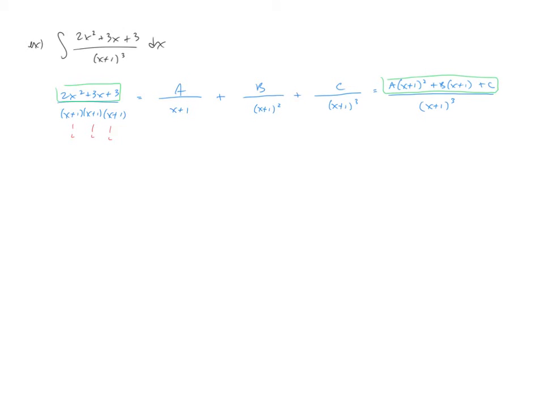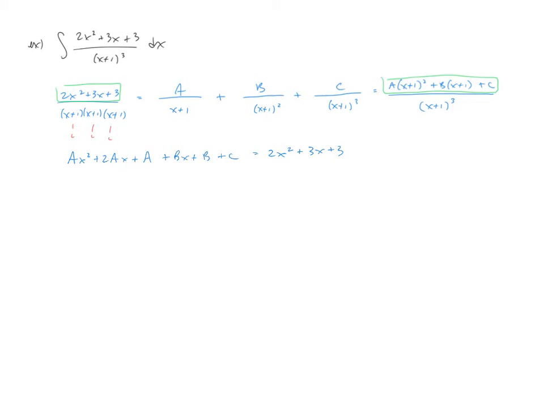While I do this, much like the last one, I'm going to expand out this mess. That gives me Ax squared plus 2Ax plus A, then the next term is plus Bx plus B, and finally plus C at the very end, set equal to 2x squared plus 3x plus 3.